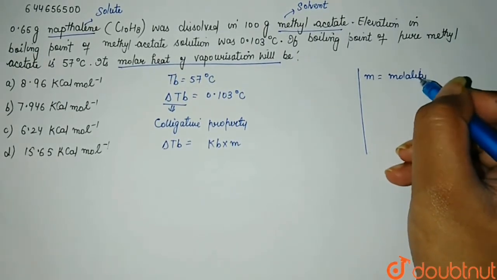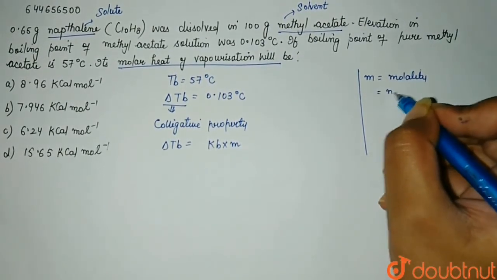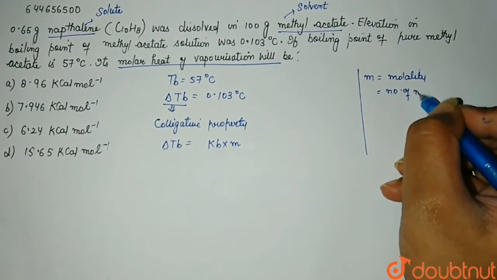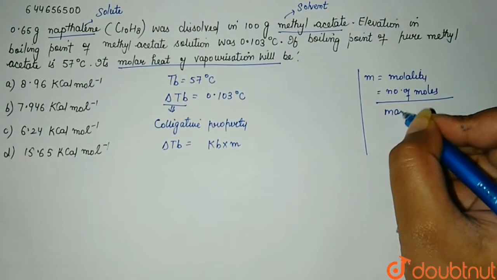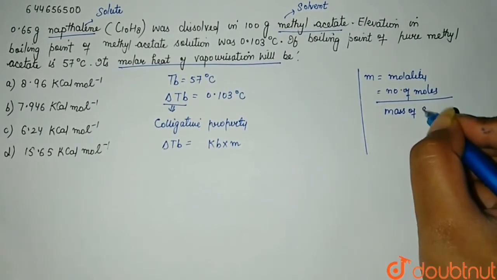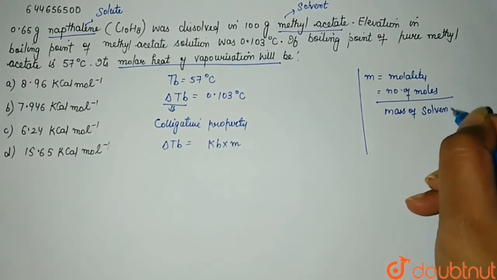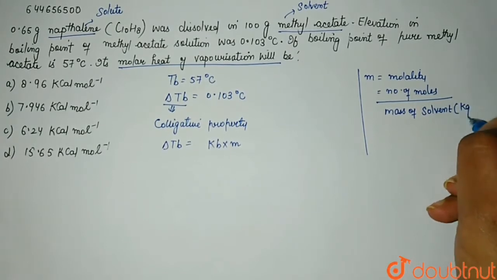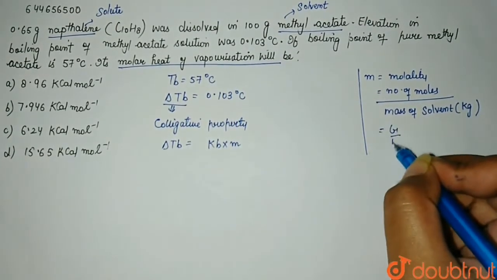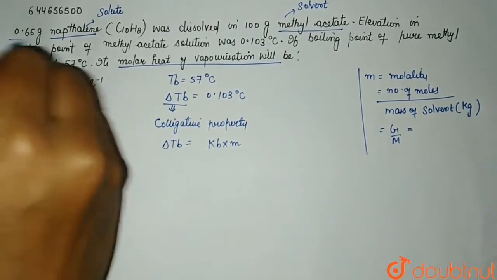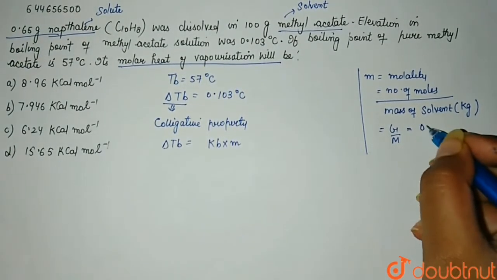And what is your molality? That is number of moles divided by mass of solvent, and your mass of solvent must be in kg. Now your number of moles must be given mass upon molar mass. Now what is your given mass? That is 0.65 gram.